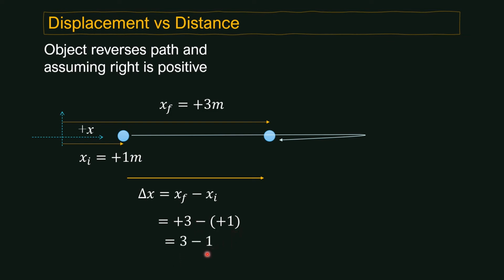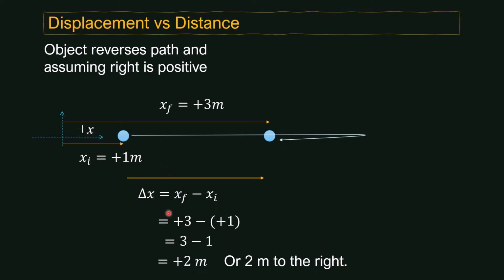Thus, the displacement is positive 2 meters. But positive means right based on our coordinate system we chose. Remember, right is positive. So that means this positive means right. So we write something like this, 2 meters to the right.